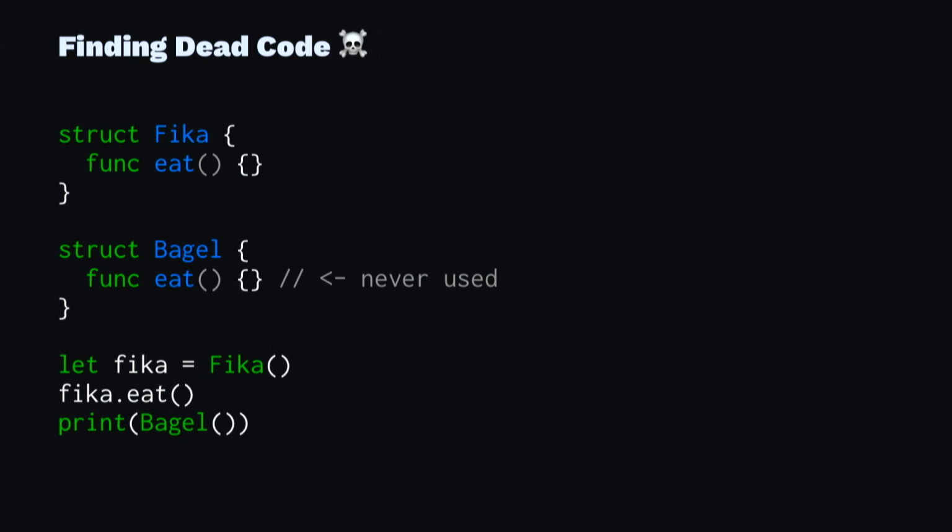Well, even if these are defined and used in different parts of your code base in different source files, you can still perform this whole analysis on that. So in this case, our whole program here is only invoking the eat function on the Fika type. And then at the very bottom, we're printing an instance of Bagel just so that we're using it.